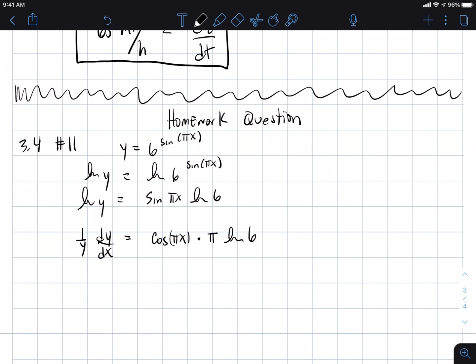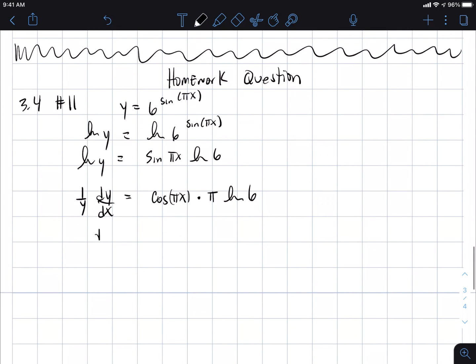Agreed. If I did a product rule here, ln of 6 is a constant, so it would have given me a 0. So I've done the derivative on that side. So I'm going to get dy dx is equal to y times cosine pi x ln of 6, and then I'll put the pi in front.